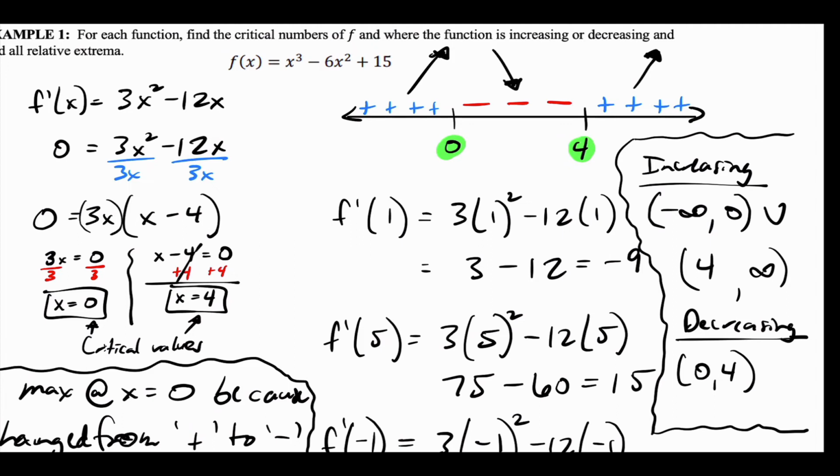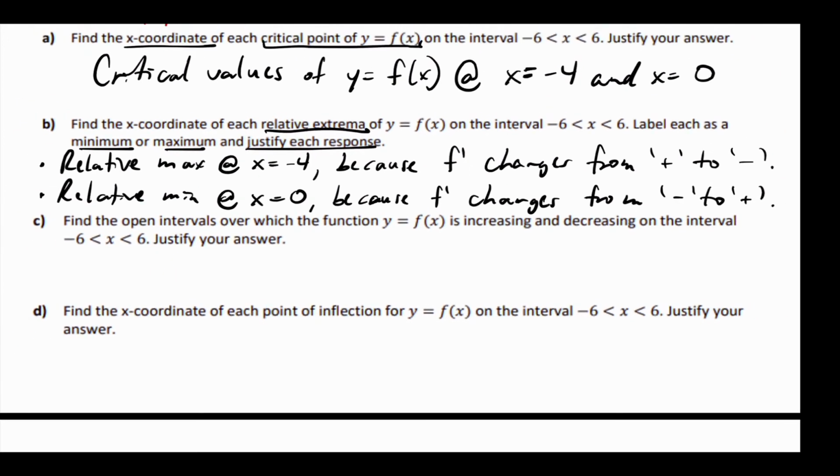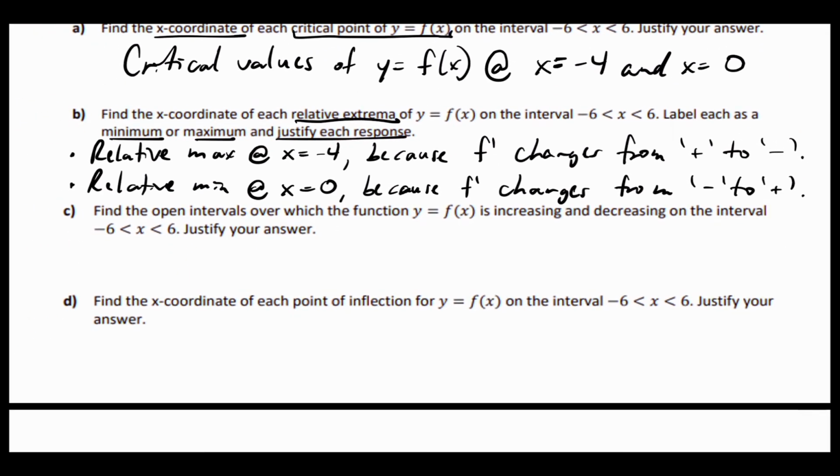In this example, 0 was a relative maximum because the derivative was positive before, negative after. That's the definition of a maximum. The definition of a minimum means the derivative was negative before, positive after. Those same definitions we use, but now we have to actually use them.